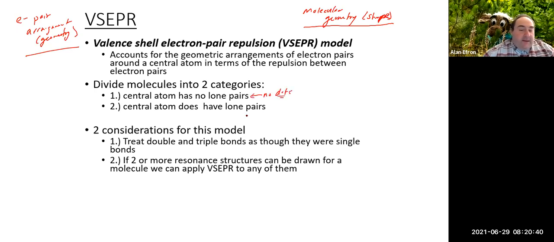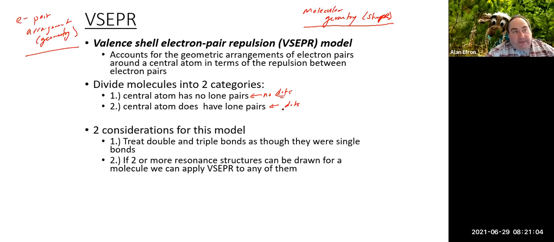The other is central atoms that do have lone pairs, which means when you draw the Lewis structure, you have dots on the central atom. Remember that the dots represent non-bonding electrons, and non-bonding electrons and lone pairs are basically the same thing.